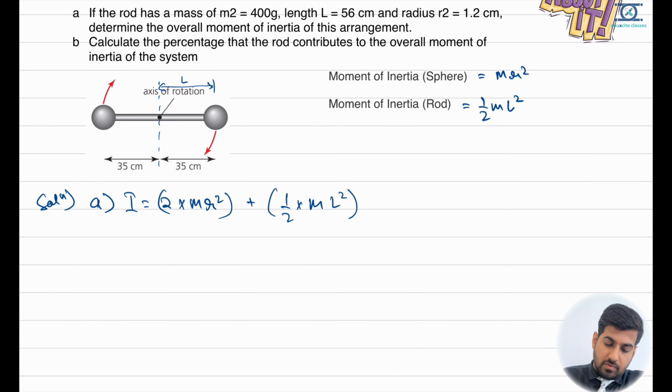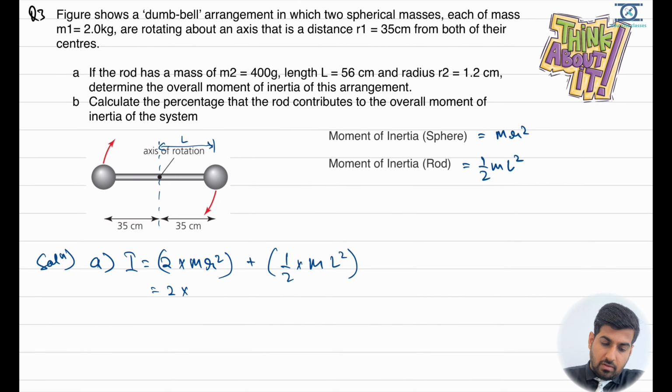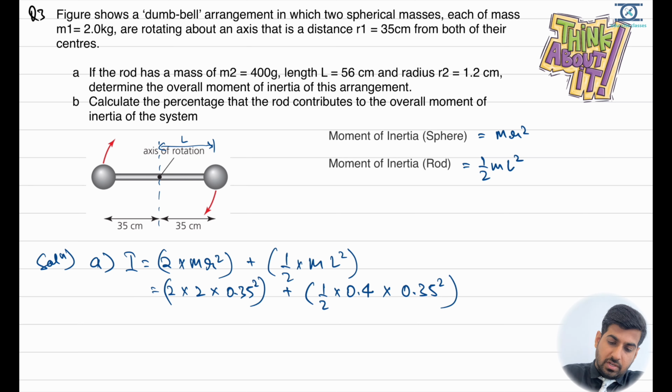If you put in the values, it will be 2 into the mass of the balls, 2 into radius 0.35 square, plus 1 by 2 times the mass of the rod m2, which is 0.4 kg, into the length. Length is not 0.35, because this is the axis of rotation.